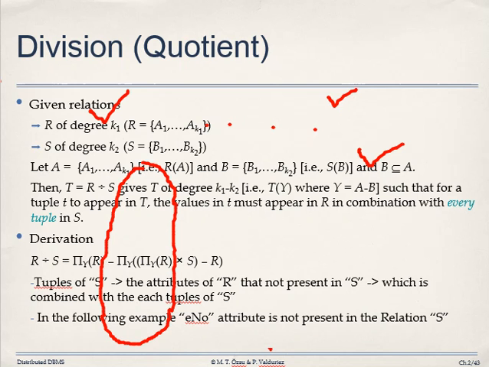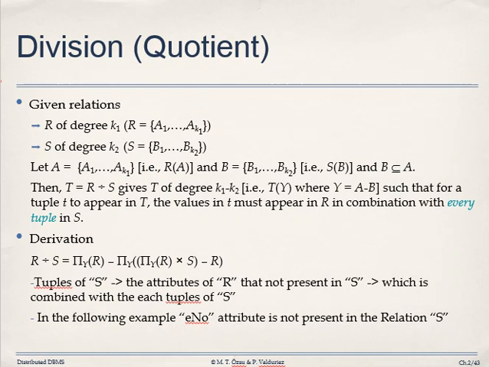Now the division, or quotient. In division, suppose R has degree K1, with attributes A1 up to AK1, and S has degree K2, with S equal to B1 to BK2.